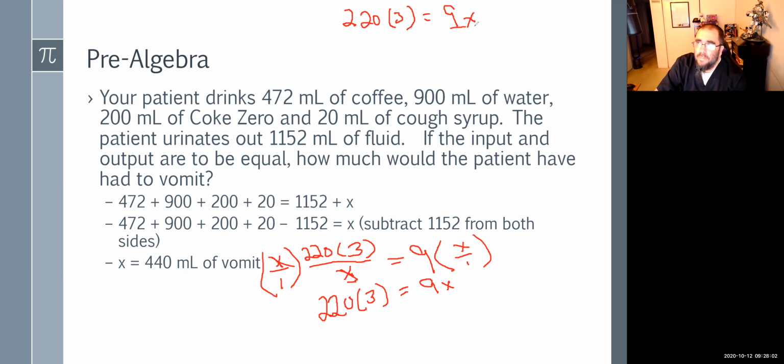Next thing I need to do is divide both sides by 9, right? So divide both sides by 9. Well, if I do that, I can simplify this a bit and get rid of that 3 and make that 3, because those will cancel each other out slightly. Then all I have is 220 divided by 3 equals x.